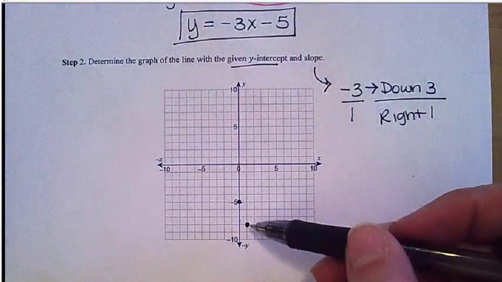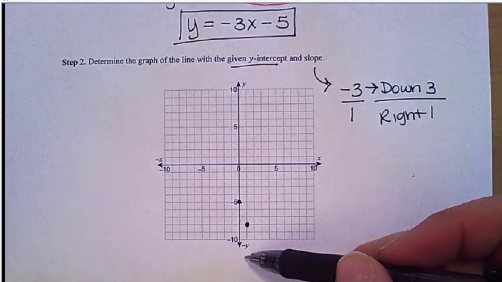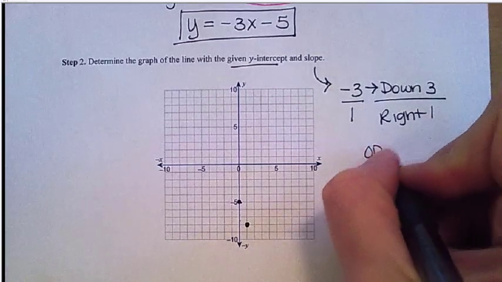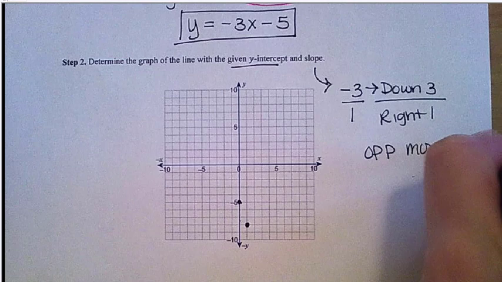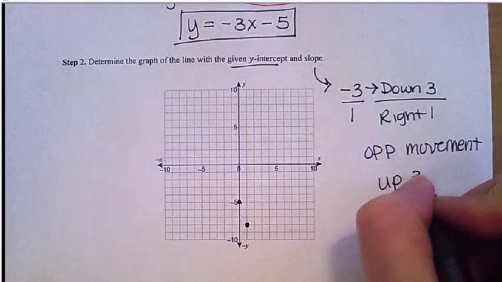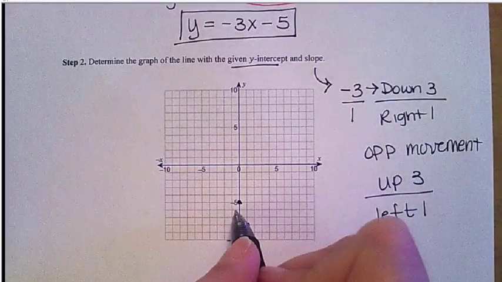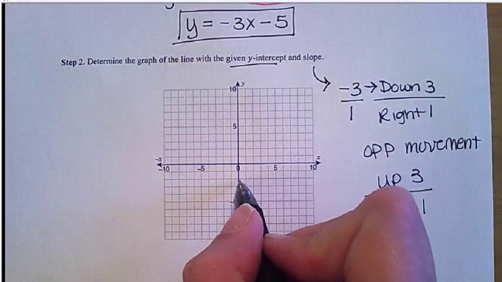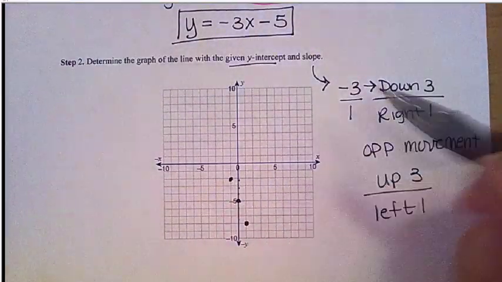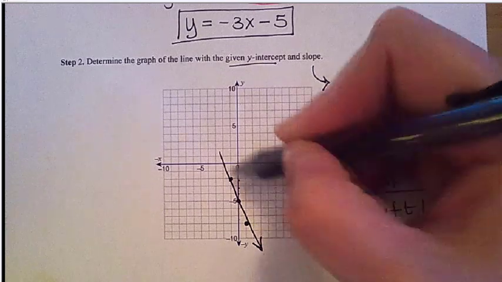Now notice that I can't go down 3 more, so I can't get that other point that I like having. But remember, you can always do the opposite movement. So the opposite movement would be to go up 3 and to the left 1. So starting back at my y-intercept, I can count up 3, 1, 2, 3, and to the left 1. And I can draw my line nice and straight between those 3 points.